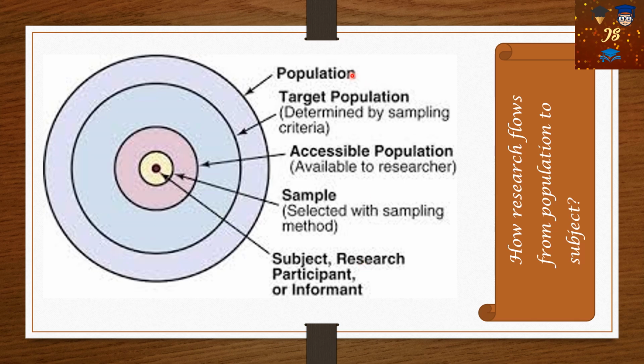So from the population comes the target population, then the accessible population, then the sample selected by the sampling method, then the subject who actually participates in the research work. This is how the research flows from the population up to the informant or research participants.